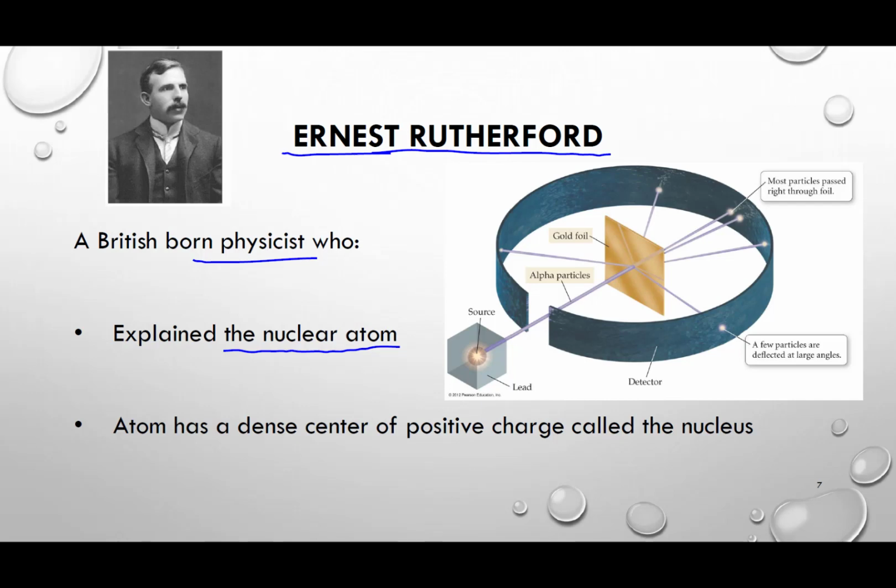But this is not what happened. Not all alpha particles went through the foil. Some of them actually bounced back, as you can see in these pictures. Some are going through, but some bounce back.